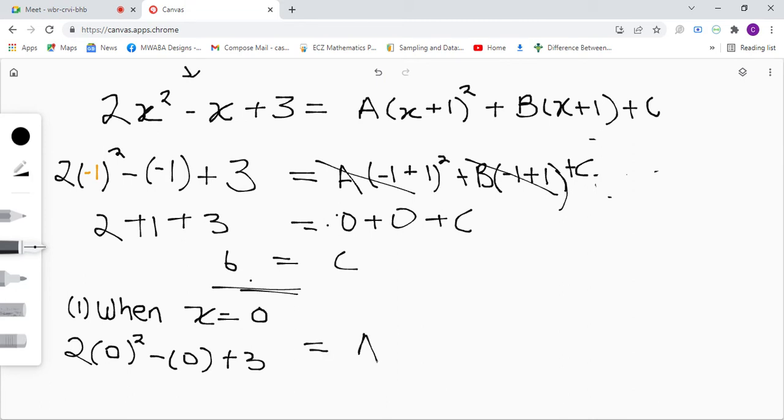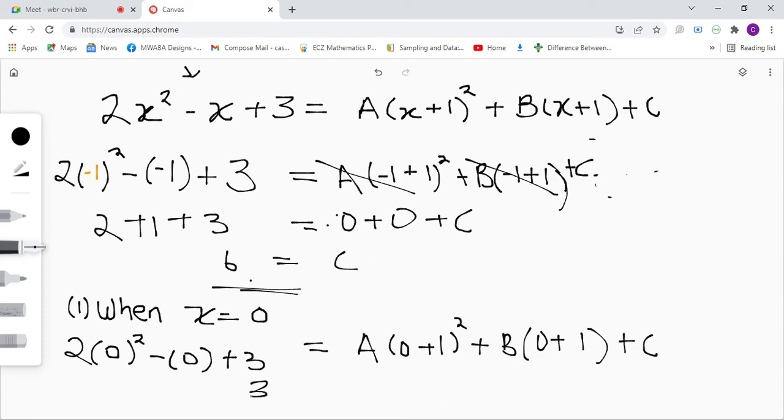And on our right hand side, we're going to say A, open brackets, 0 plus 1, squared, plus B, again 0 plus 1, plus C.